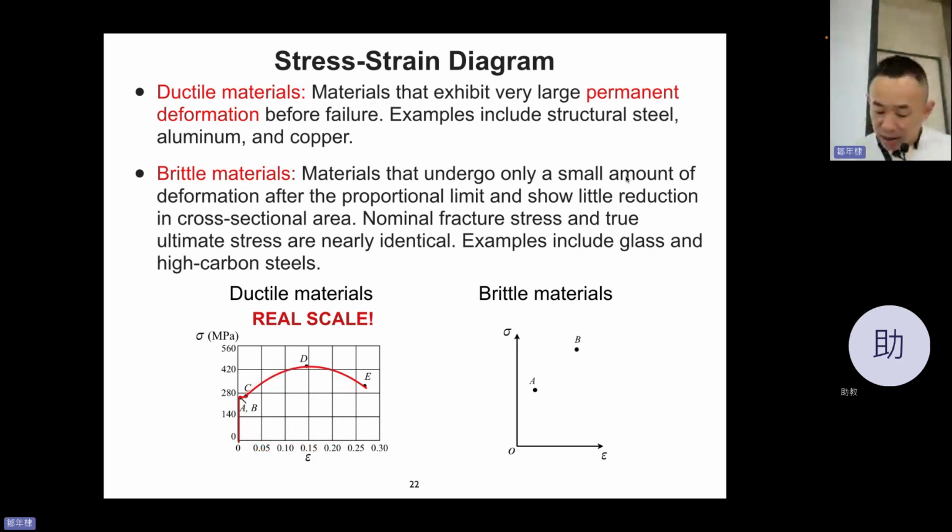If you unload at that point, you will have permanent strain. It never recovers, before it breaks. If you go to this point and then unload, you will have the permanent strain.